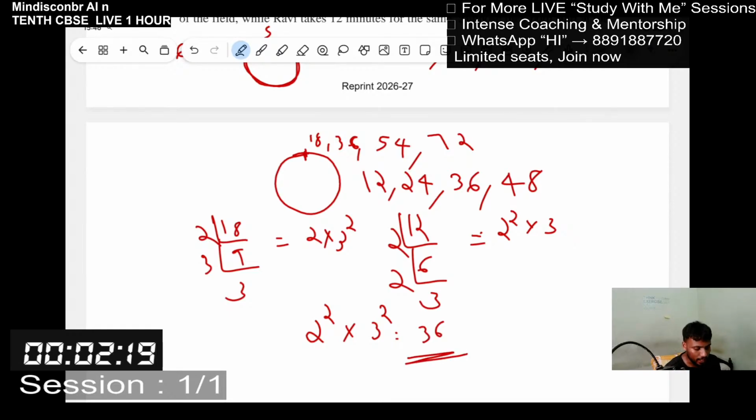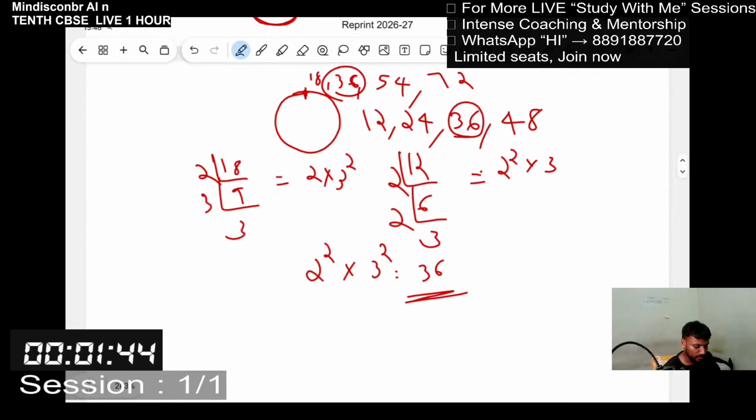Here we see that Sonia has completed 2 rounds in 36 minutes, while Ravi, when he completes the third round, will reach 36 minutes. So at 36 minutes both Sonia and Ravi will be at the starting point. So we can say that both will meet again at the starting point after 36 minutes.